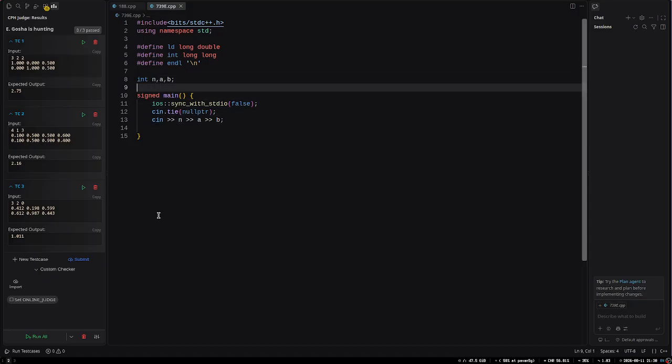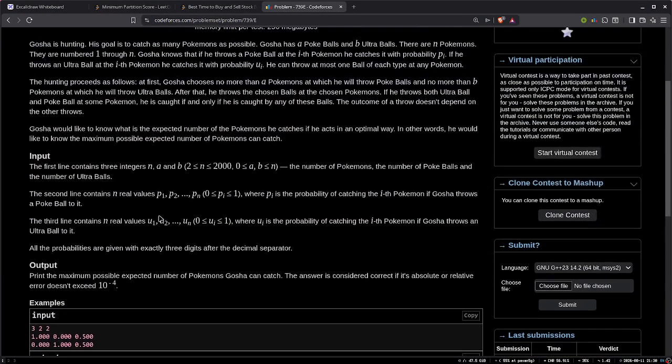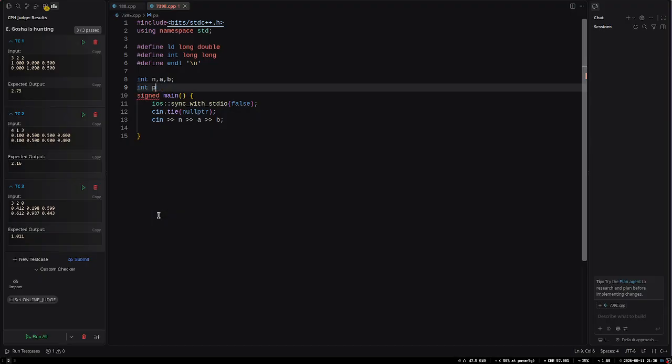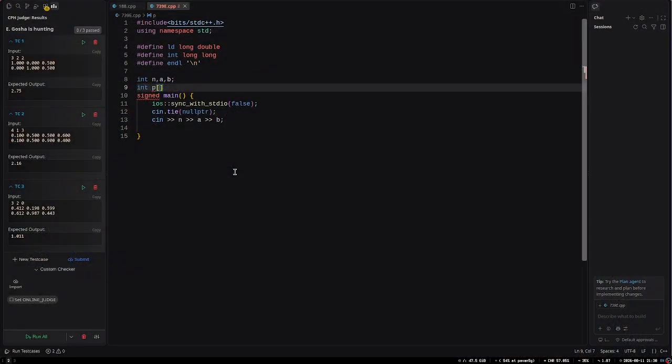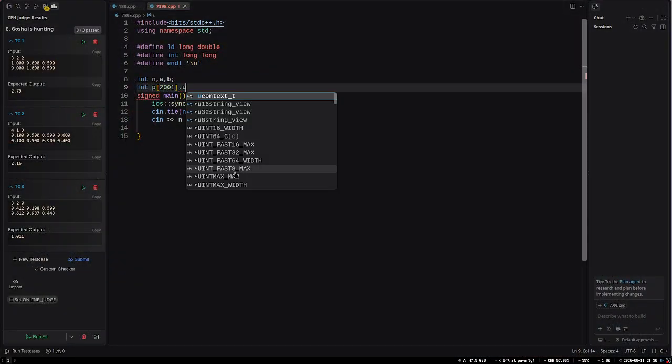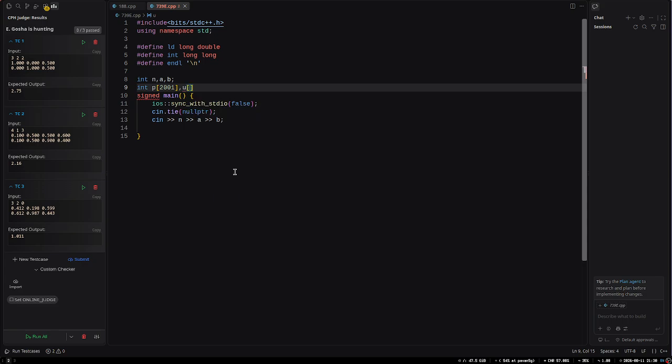So we have this P array. Let's take it as probability with Pokeballs. They have given this array as P: P1, P2, and so on, Pn. N goes till 2001. And U, which is the probability with Ultra Balls, which also goes till 2001.